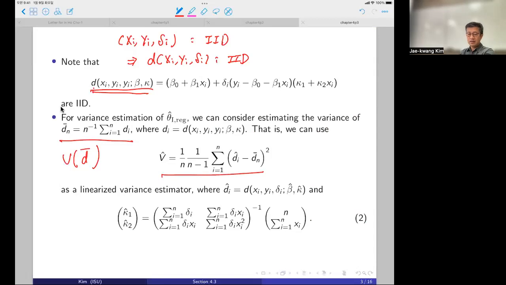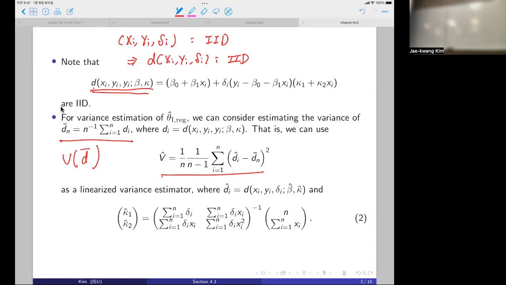If you observe di, this should be your variance estimator. But the problem is that di is a function of unknown parameters. The functional form itself is known, but the parameters in the function are unknown. So we need to plug in.